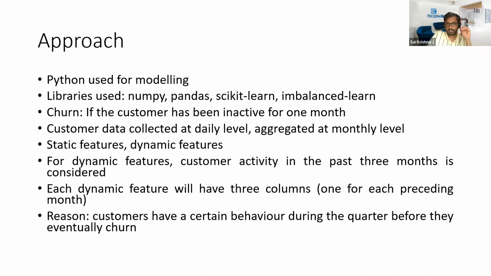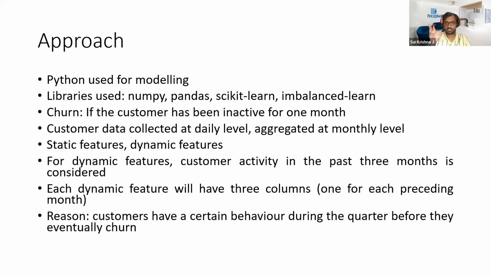The operational data, such as how many calls they make and for how much time they use the service, is actually collected at a daily level, but for the purpose of modeling, it was aggregated at the monthly level. For all the predictive modeling activities that we are undertaking, we need to have the features, or the independent variables, which are used to predict the outcome of the target.